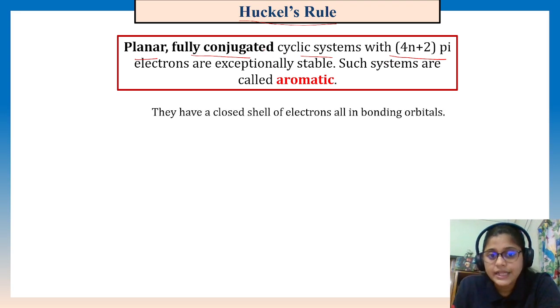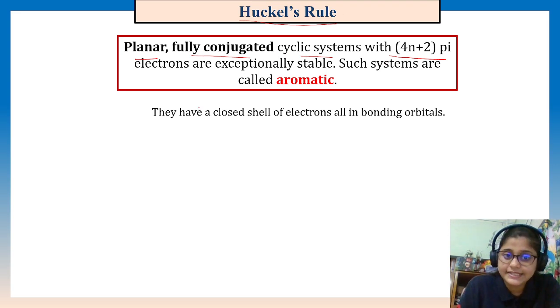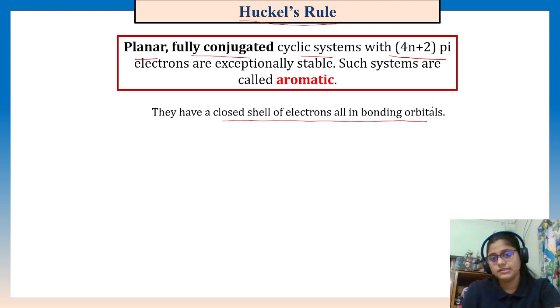Why do they gain extra stability? It comes from their molecular orbital energy diagram. In this diagram, they have a closed shell of electrons in all bonding orbitals. So they explain that this is the reason for their extra stability. Let's not talk about this much.